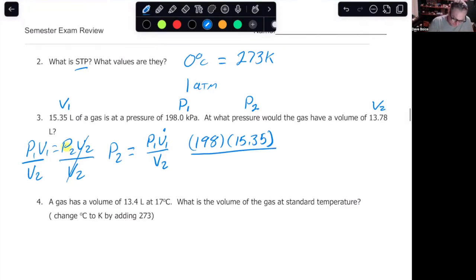And V2, let's see, 13.78. Also already in liters, which is great. So therefore, I am going to put that into my calculator, and I'm going to end up with 220.56. It's not a very good way to write that.